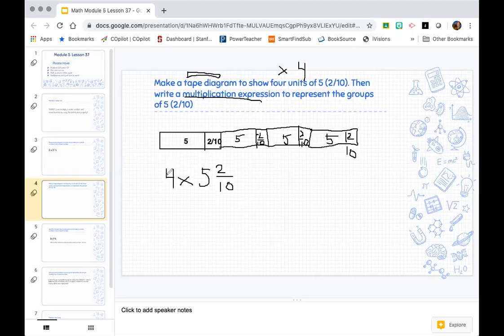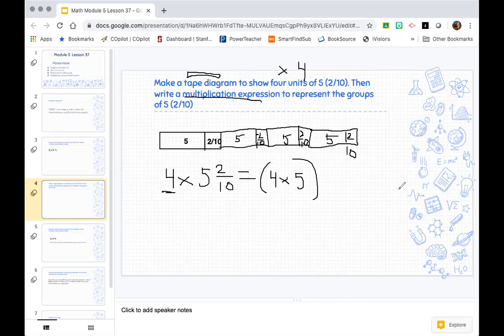So as multiplication, it would be 4 times 5 and 2/10. Now again, to show our distributive property, we go equals. Okay, let's do the whole numbers first. So we're going to do 4 times 5, because 4 is the whole number, 5 and 2/10 is our mixed number.